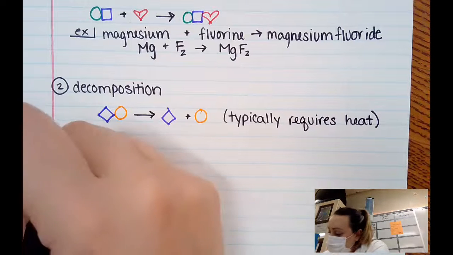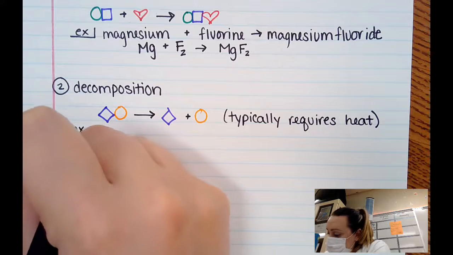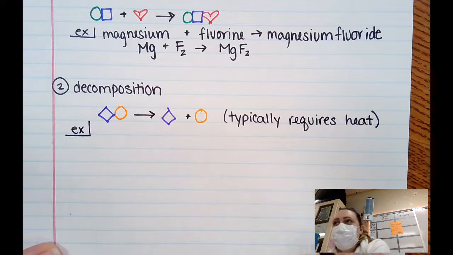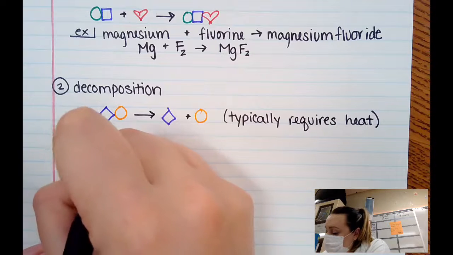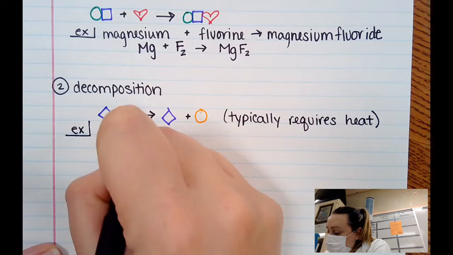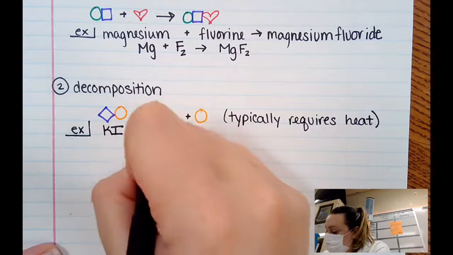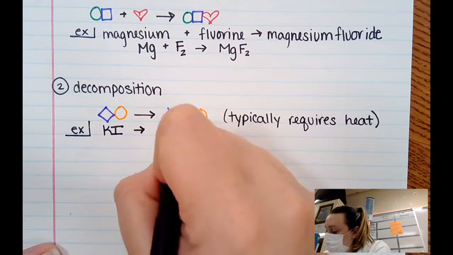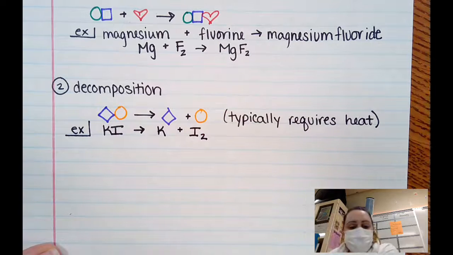An example of this is if we had potassium iodide, we heat it up, we're going to get potassium and iodine by itself. I'm going to balance this equation.